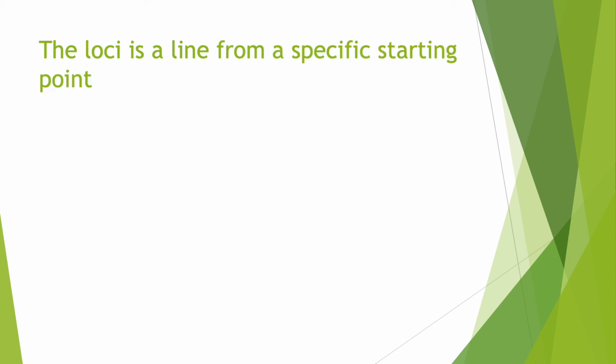Okay, the last type of loci is also a line, but you need to identify first the starting point of the line. And this one is using the argument. For example, you could have something like that.